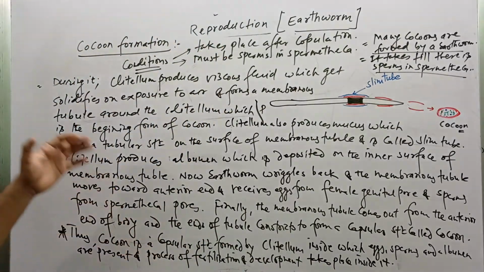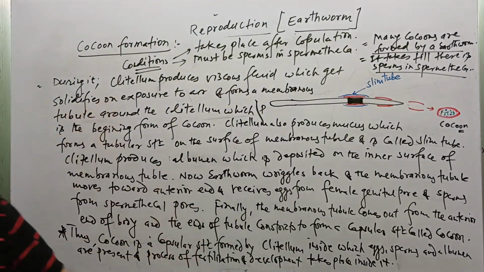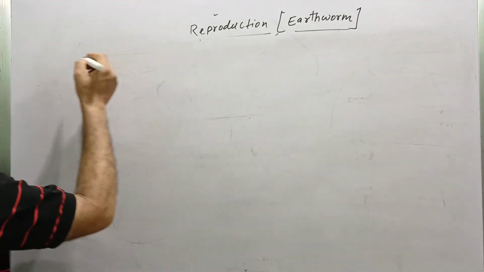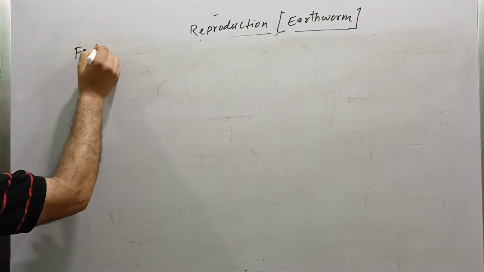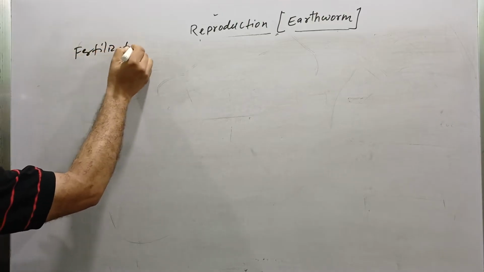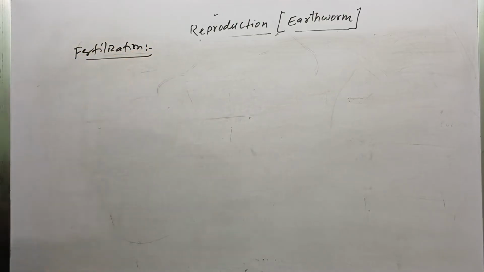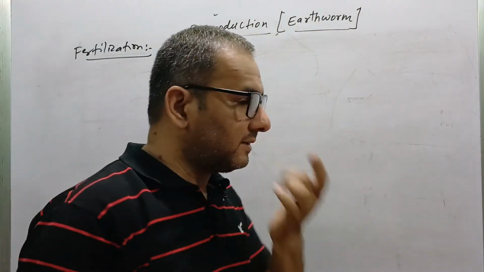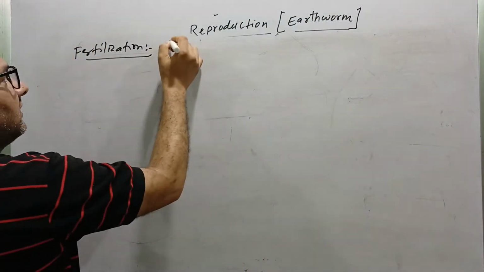Now, we read about the fertilization and development. Let us read about the fertilization. The process of fertilization takes place inside the cocoon.